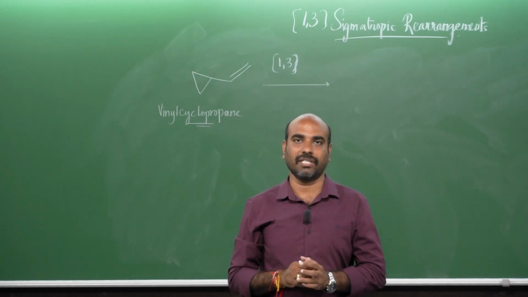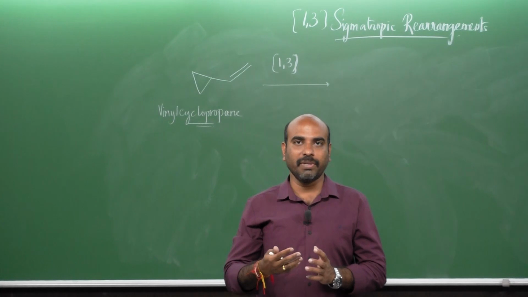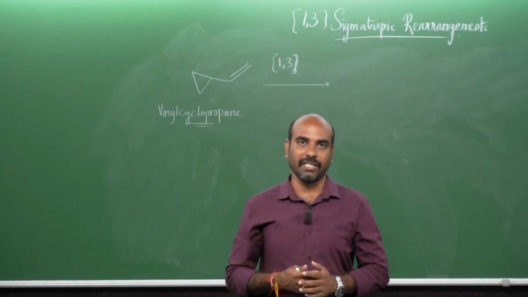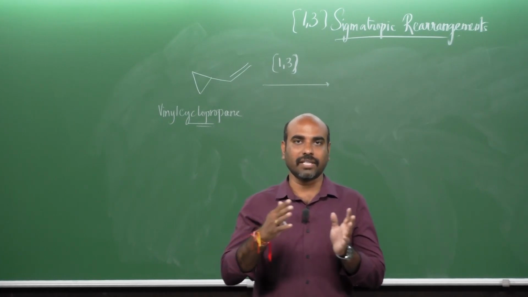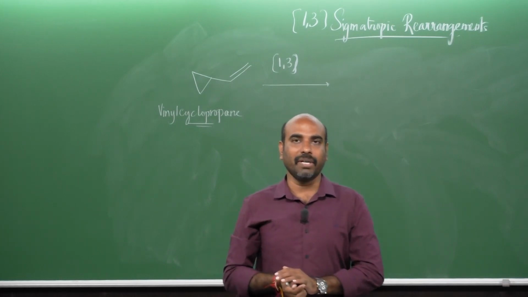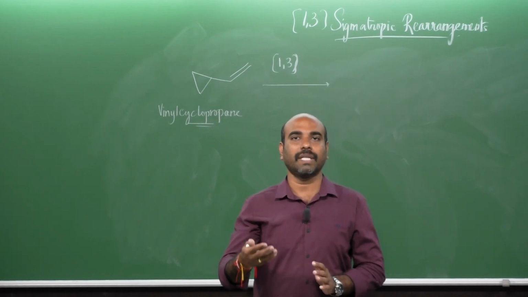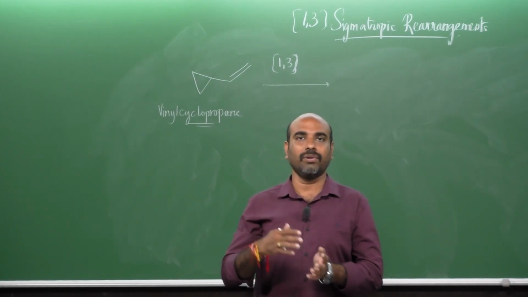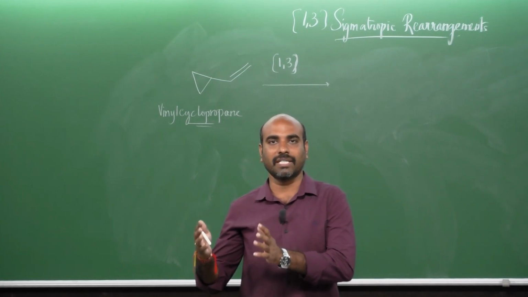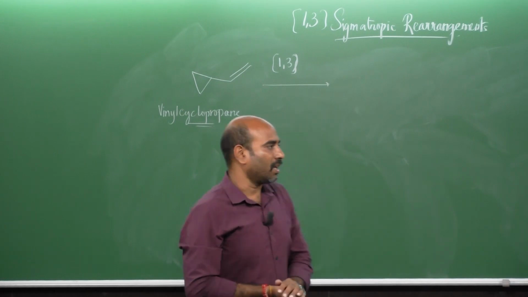So, for that, the reaction has to be taken up to 300 degrees centigrade. If you have to convert this vinyl cyclopropane into the 5-membered ring system, you have to heat the molecule to 300 degrees centigrade. So, then only it passes through a 4-membered cyclic transition state and then gives you the final product.